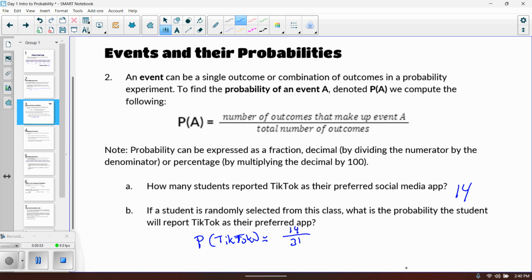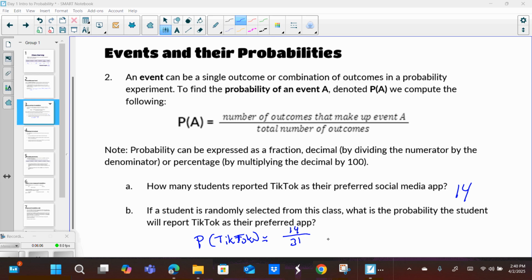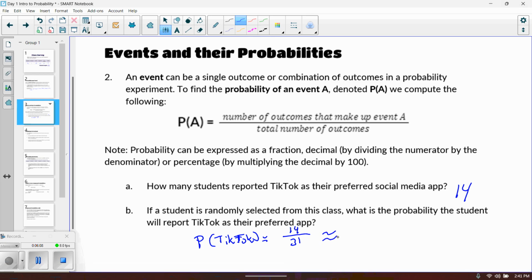If you wanted to figure out what the decimal of that was, you would just simply do 14 divided by 31 and see what that gives you. And in the calculator, that gives us approximately 0.452.